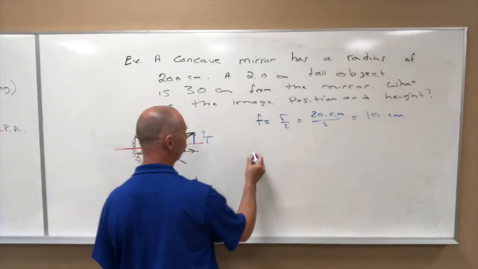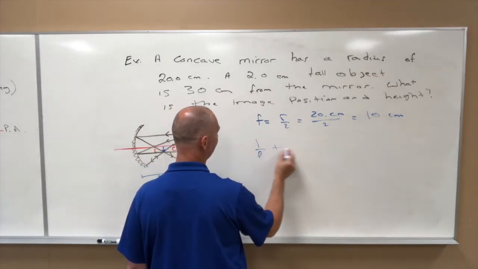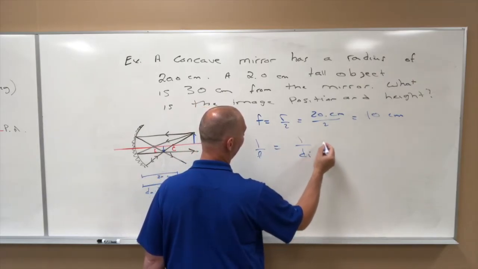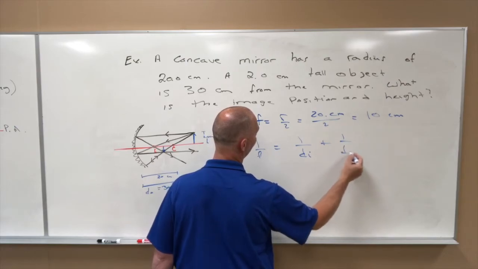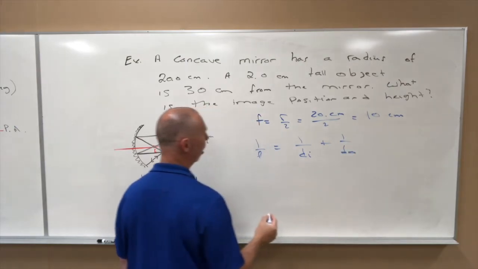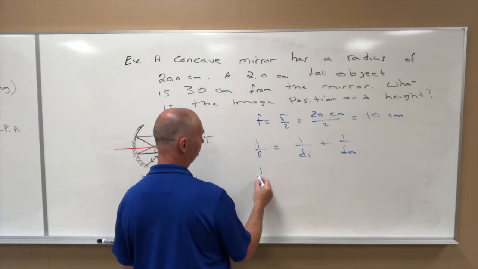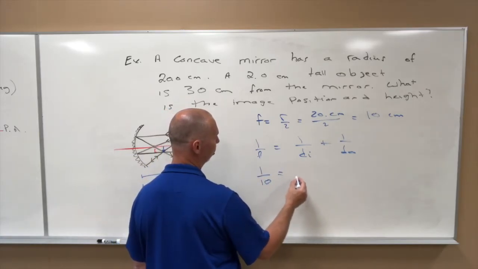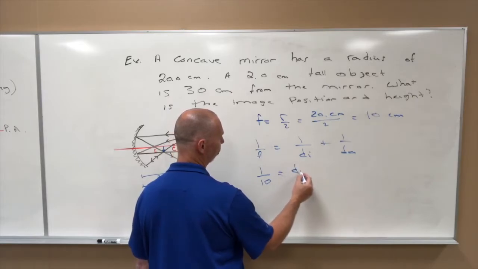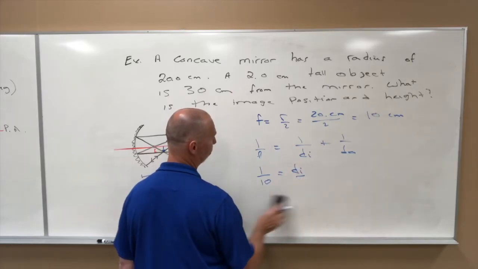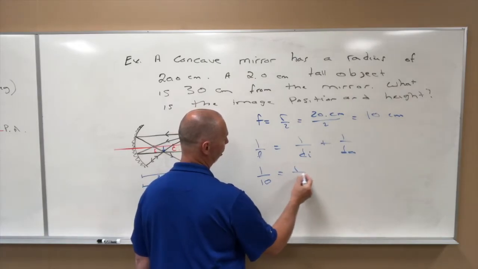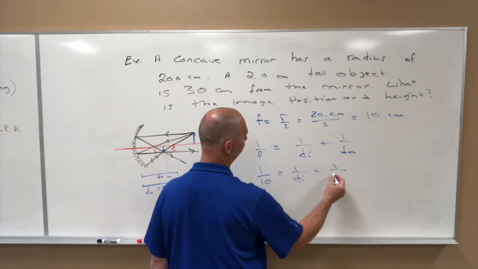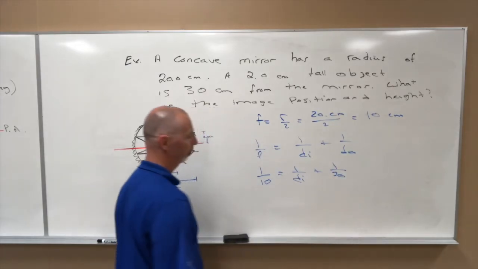And then we'll use our formula 1 over f equals 1 over di plus 1 over do. And we'll fill in our numbers. So 1 over 10, and I'll leave out the units for now, and you can feel free to as well. 1 over di plus 1 over do, which was 30.